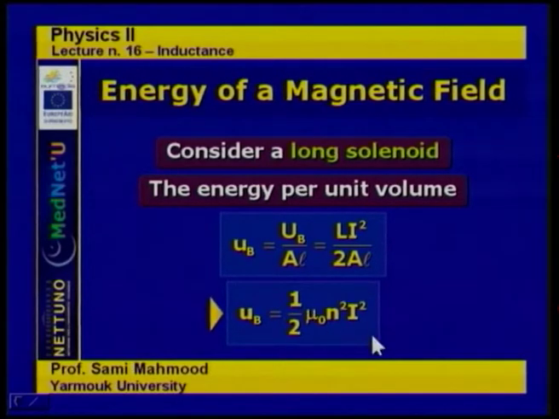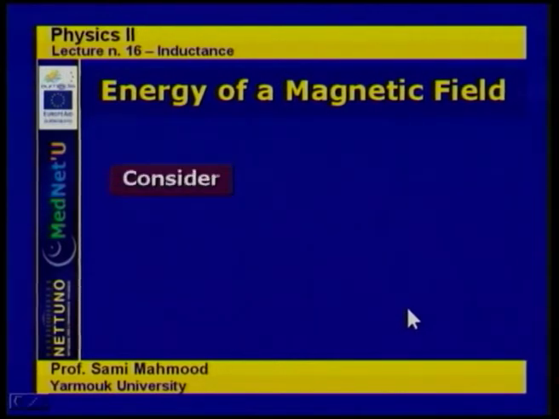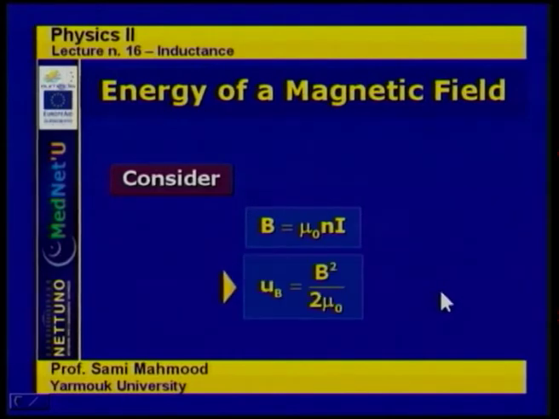Now we substitute for the self-inductance of the solenoid, and this gives u_B equal to 1/2 mu naught n squared I squared. Now, instead of the current I, if we substitute in terms of B equal to mu naught n I, we get u_B equal to 1/2 B squared over mu naught.